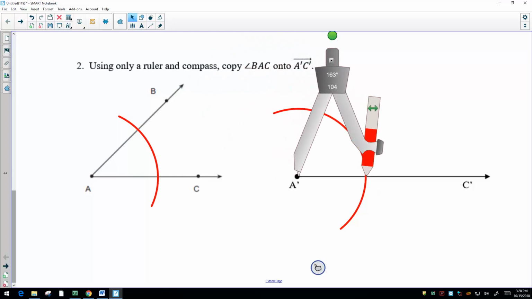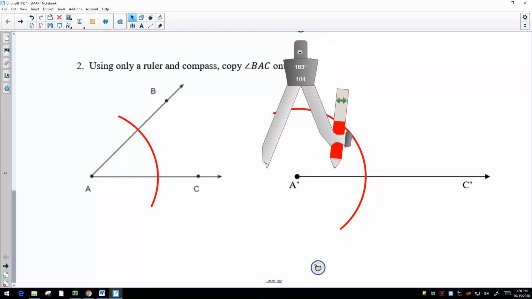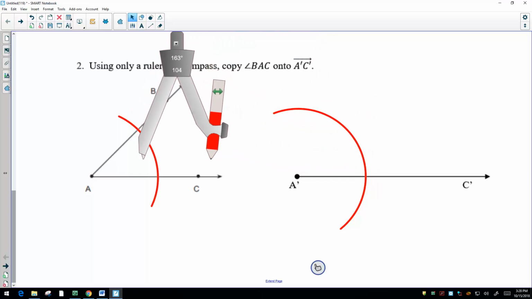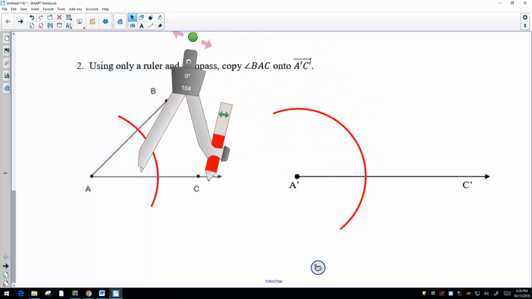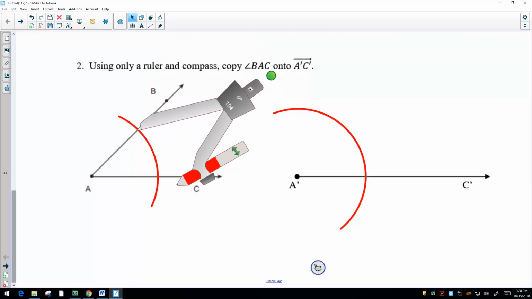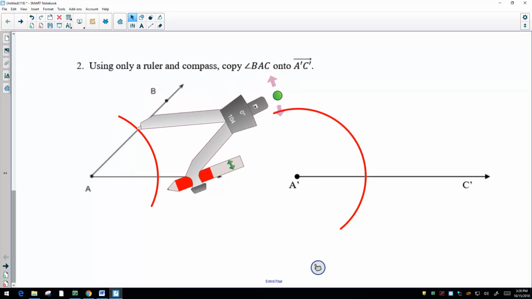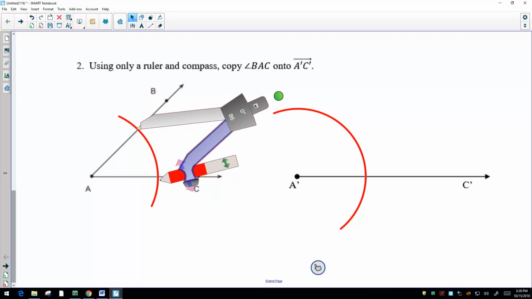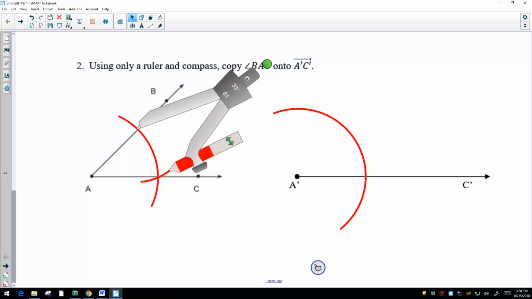At this point, you're going to take your sharp point and we are going to move it over to your angle, and what we want to do is get it so that the compass is as wide as the angle. So I want to get the sharp point on one point of intersection and the drawing point on the other. And when I get it there, make a mark. I want to show that I've actually measured this angle.